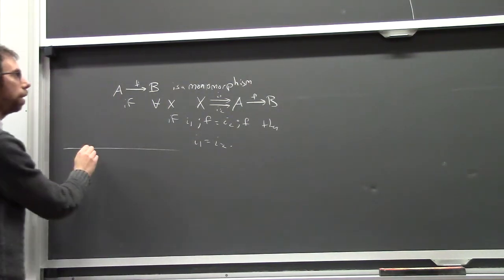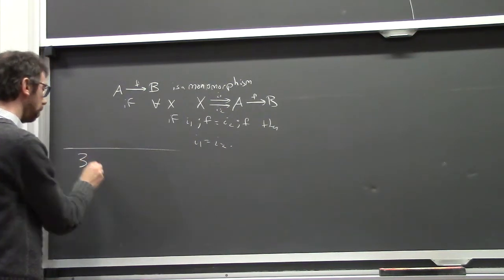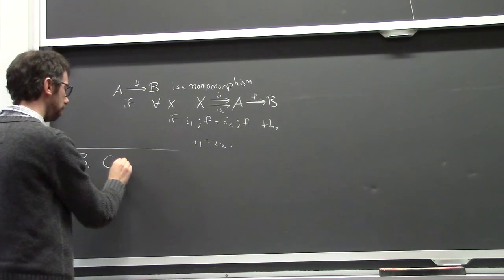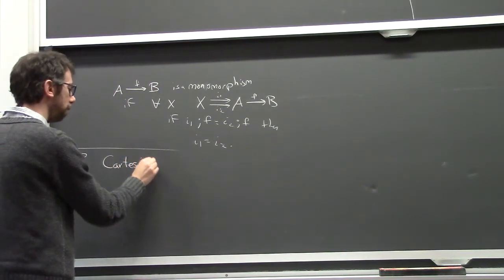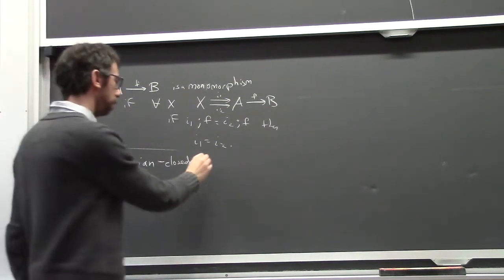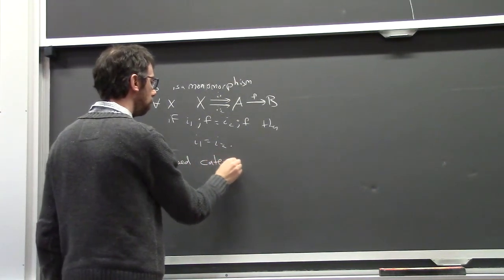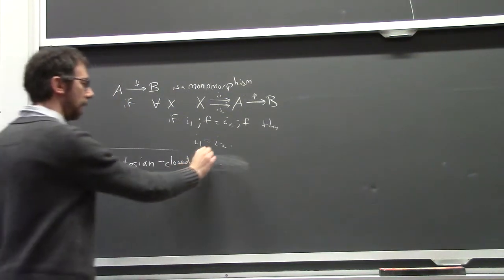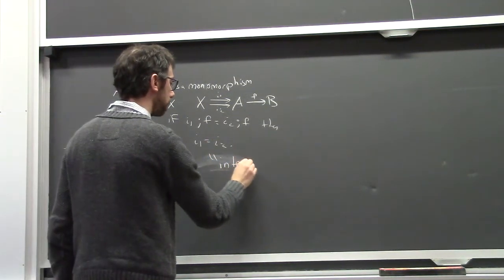Okay, so the third thing is that it has internal HOMs. The fancy way to say it, and it's worth knowing the fancy way because that's how you search for it on the internet, is Cartesian closed category. Every topos is Cartesian closed, and you say it has internal HOMs.